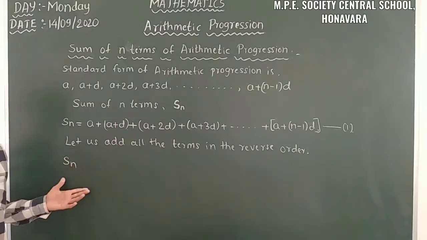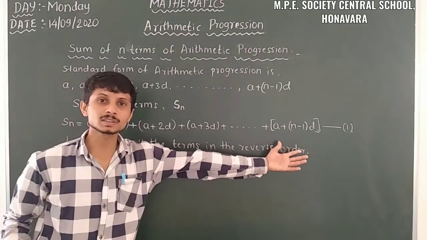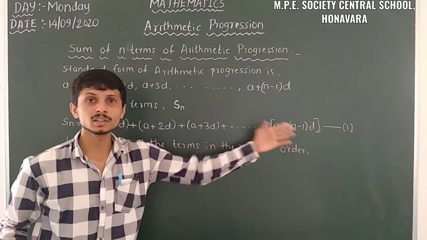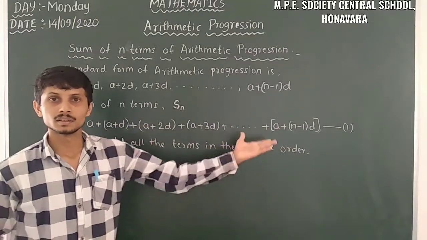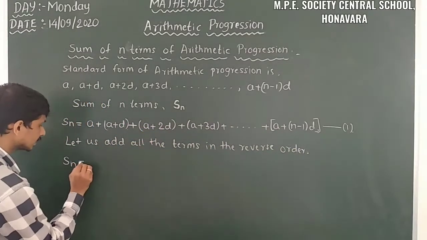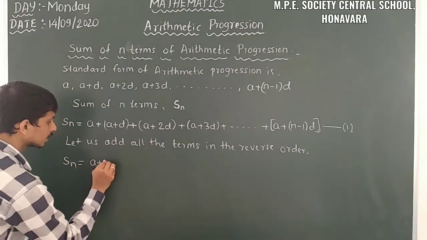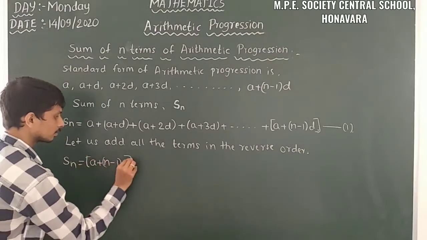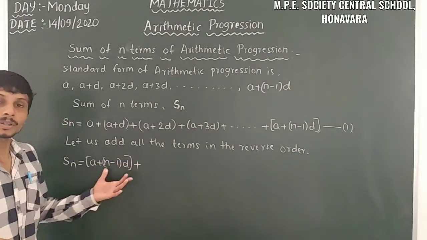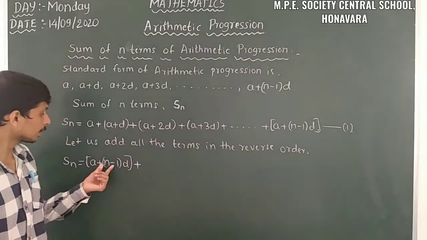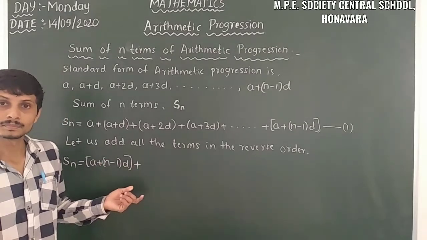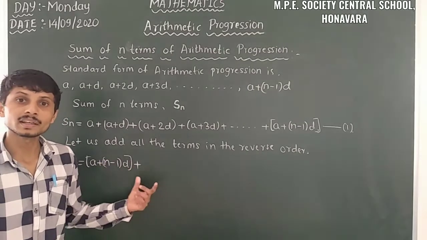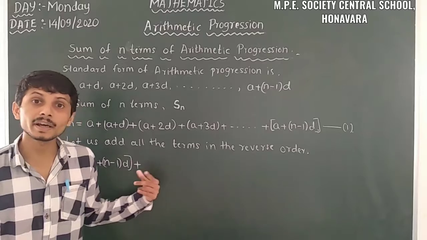Here the first term becomes a plus n minus 1 into d. So Sn is equal to a plus n minus 1 into d. It's the first term. Then what about the next term? Then we have to take a plus n minus 2 into d.